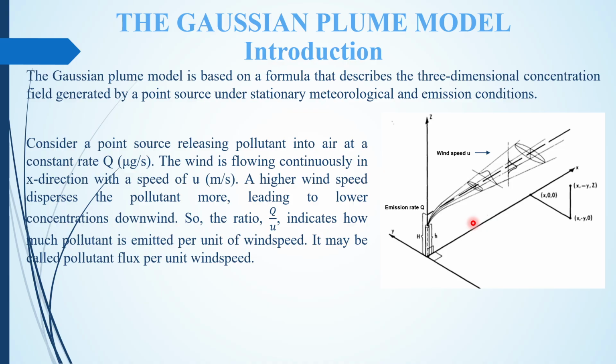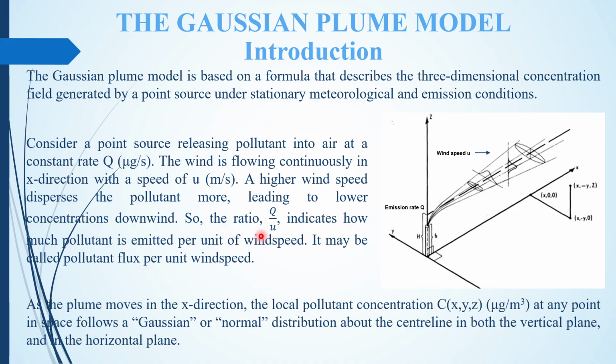So the ratio q by u indicates how much pollutant is emitted per unit of wind speed. I just give a name to the term q by u as pollutant flux per unit wind speed. You just remember this ratio and the term.